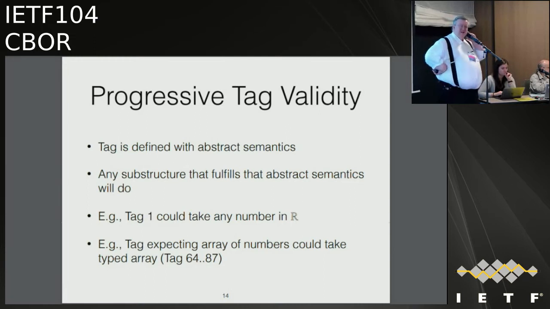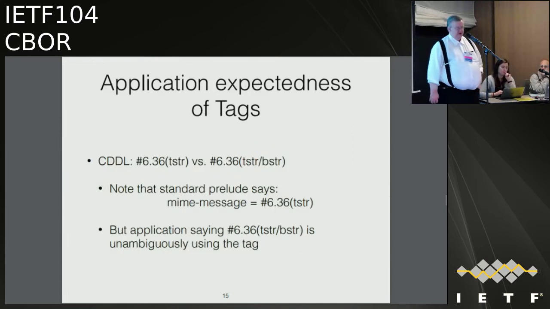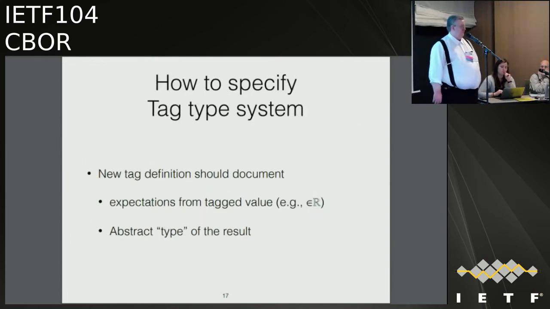Yeah, so the weird part is that the progressive approach actually creates something like a type system. The idea is that a new tag definition should document both what it expects from the tag value and what it actually creates, what it exposes to the application or to the next tag around it.